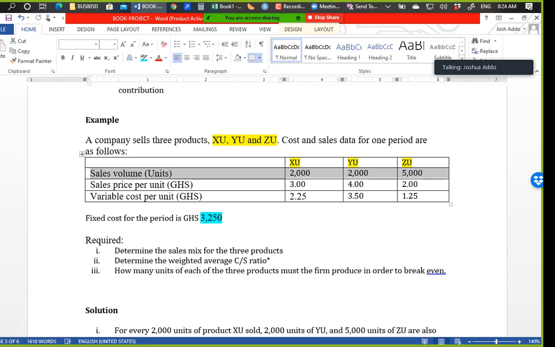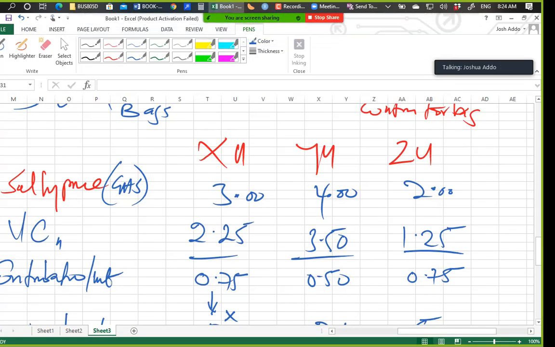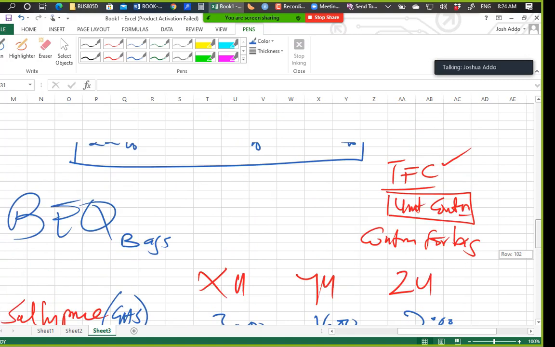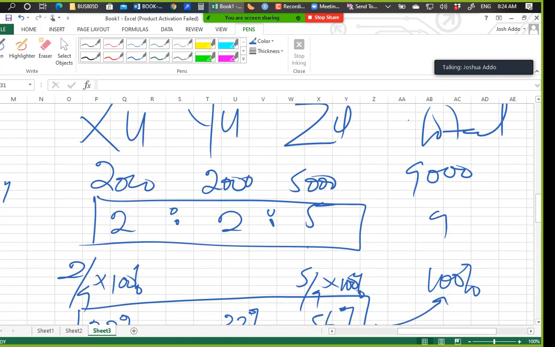So, this is the sales mix between them: 2,000 to 2,000 to 5,000. And you can work with this. Let's go back to the worksheet. Instead of the ratio 2,000, 2,000, 5,000, I said you can reduce these bigger figures into 2, 2, 5.